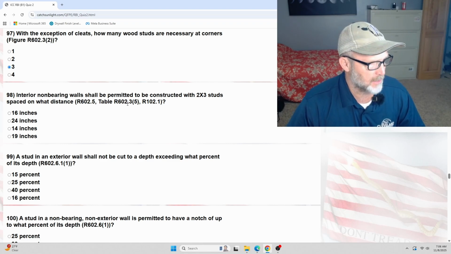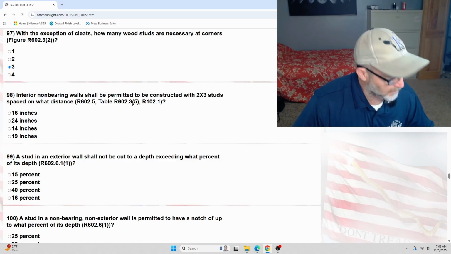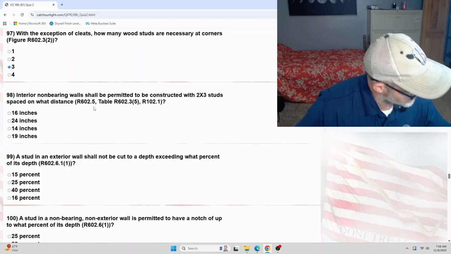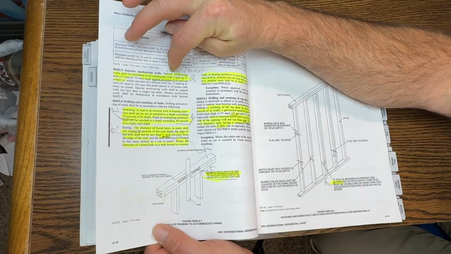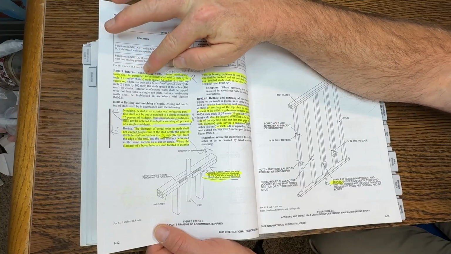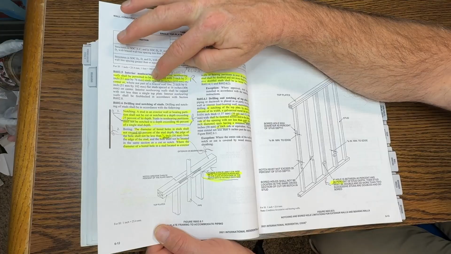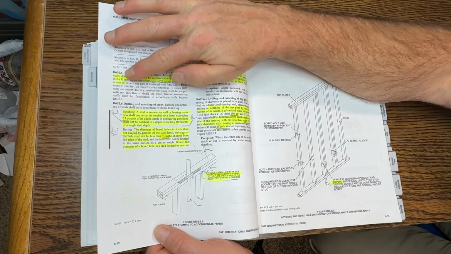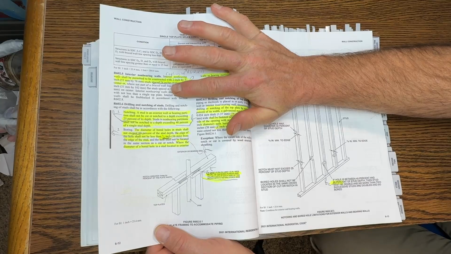Let's go to 602.5. It says interior non-bearing walls shall be permitted to be constructed with 2-inch by 3-inch studs spaced 24 inches on center. So see, it says 24 inches there. But you got a problem here.